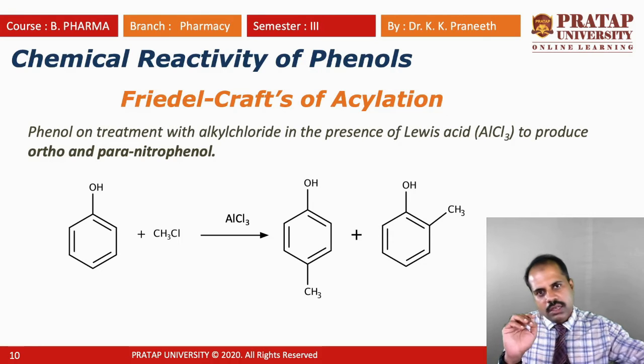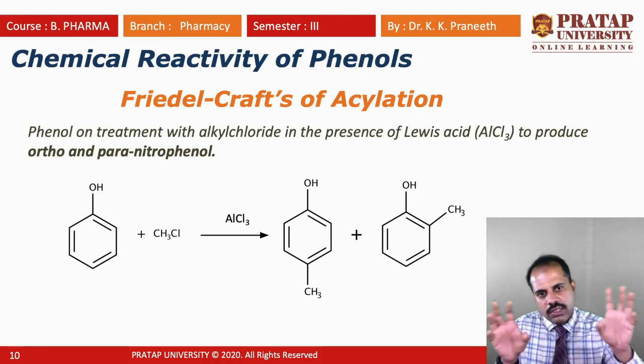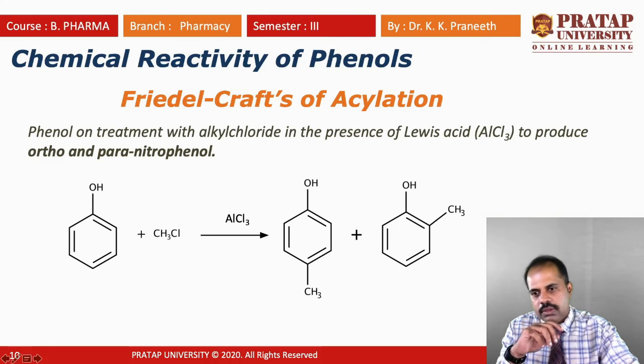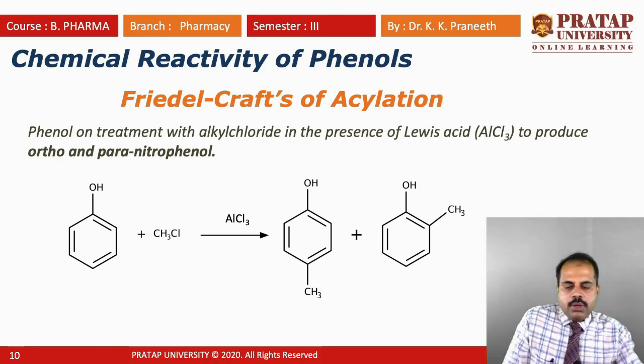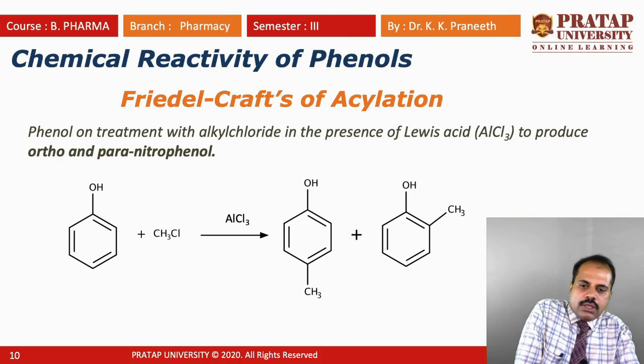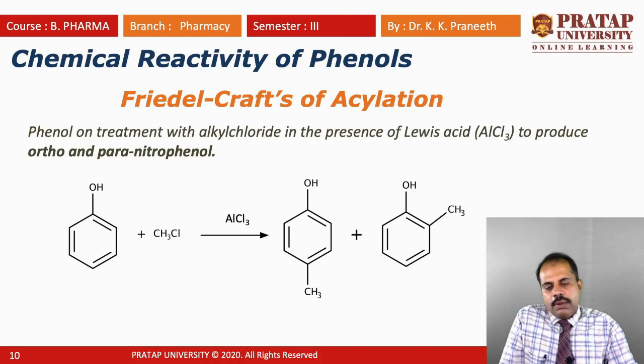So this is an example: phenol plus methyl chloride in the presence of AlCl3 as a catalyst. We use this Lewis acid AlCl3 as a catalyst to produce two products, ortho and para methylphenol.